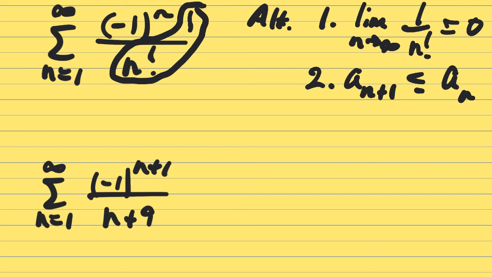For example, 1 over 1 factorial is 1 over 1, which is 1. 1 over 2 factorial is 1 over 2, which is half. That's smaller. 1 over 3 factorial is 1 over 6, even smaller. So both criteria are met. This is convergent by alternating series test.